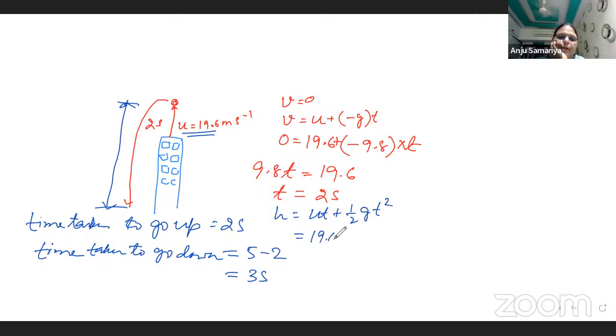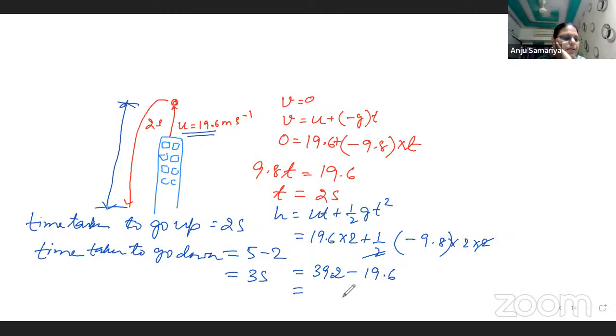So 19.6 into 2 plus half minus 9.8 into 2 into 2. So it becomes 39.2 minus 19.6. So you will get the height. 19.6 meter high it went.